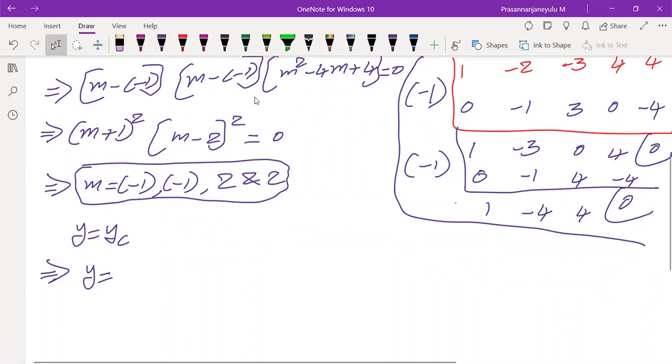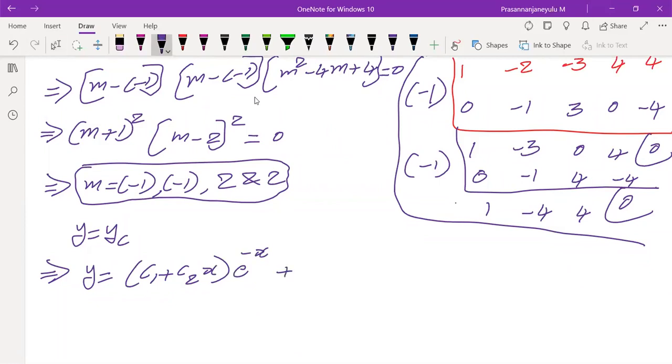So because of that reason, what we get is generally C1 plus C2 x into e power minus 1 into x, so I can write e power minus x, plus, for the repeated 2 and 2, C3 plus C4x into e power 2x.